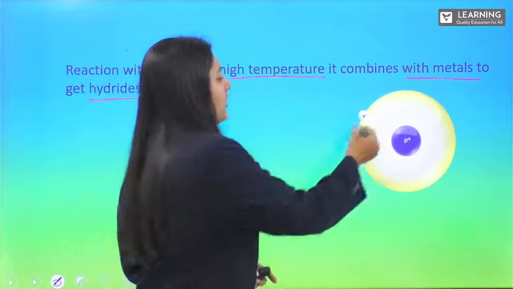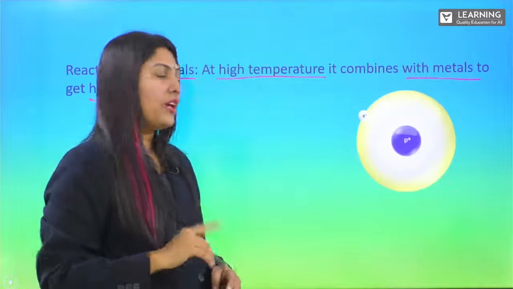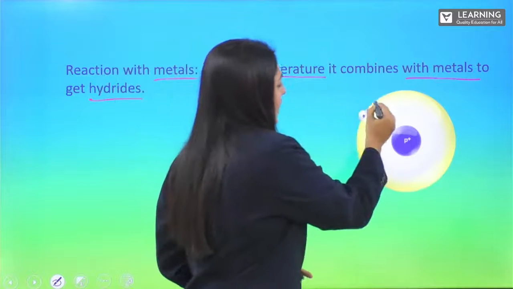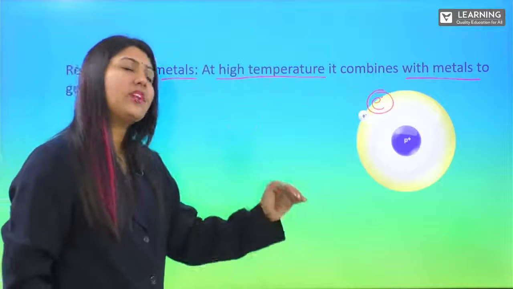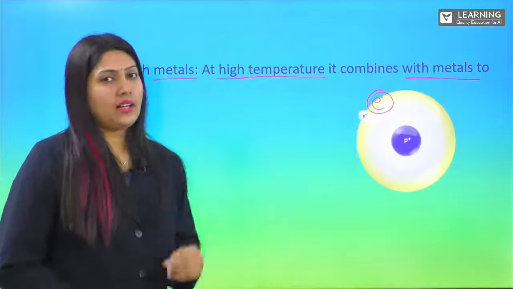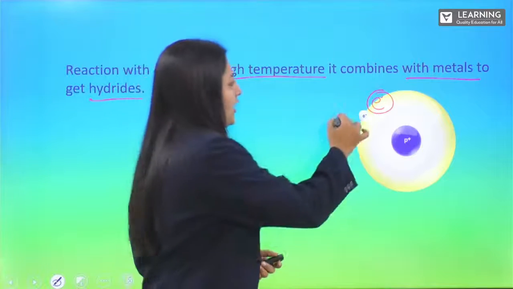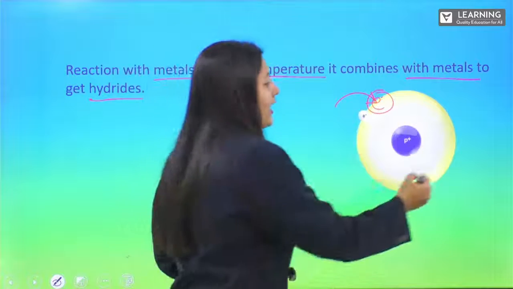So we know that 1 electron is there in hydrogen, where it requires 1 more electron, and when it reacts with metals, which can easily donate electrons, hydrogen can get 1 electron easily and it becomes H-.